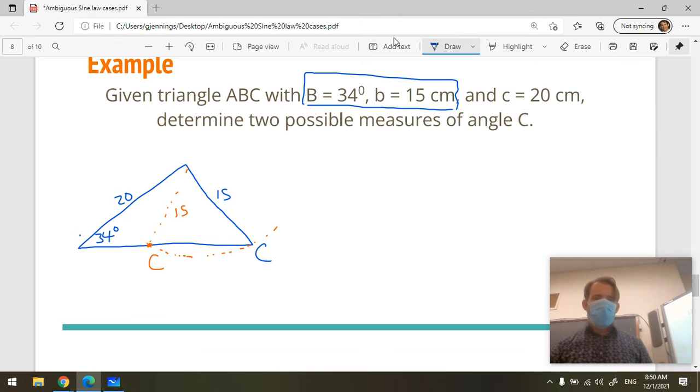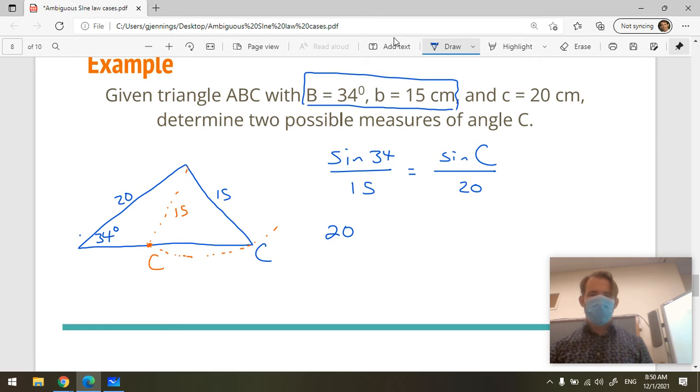So here, I know that sine 34 over 15 is equal to sine C over 20. By rearranging, we're just going to multiply both sides by 20. So 20 over 15, same thing.